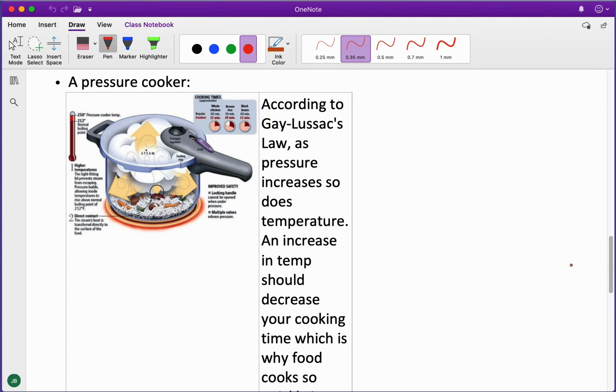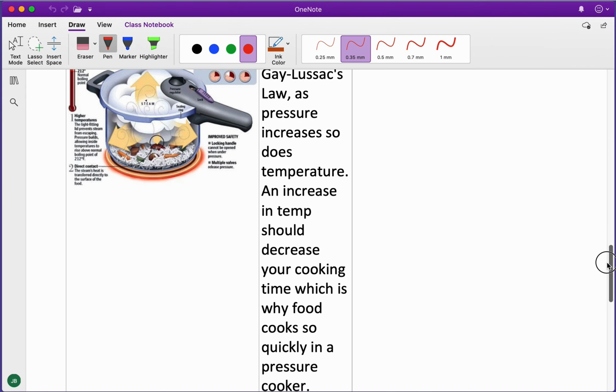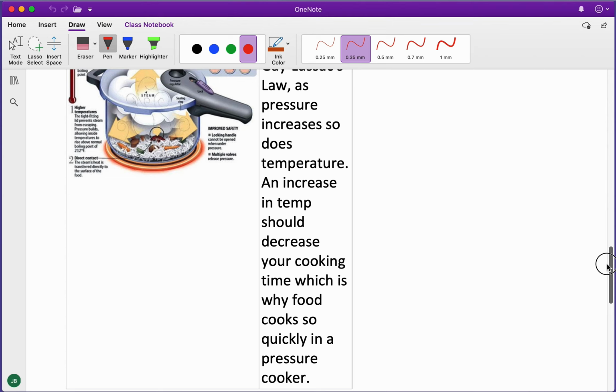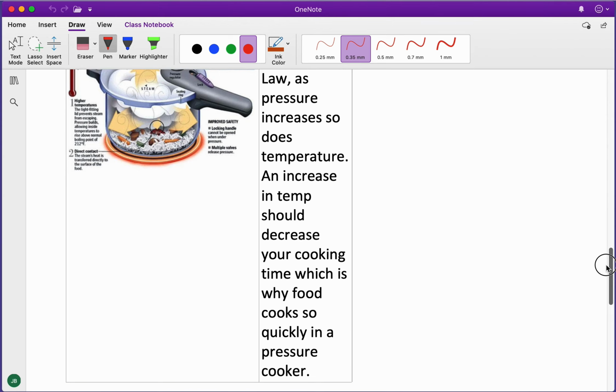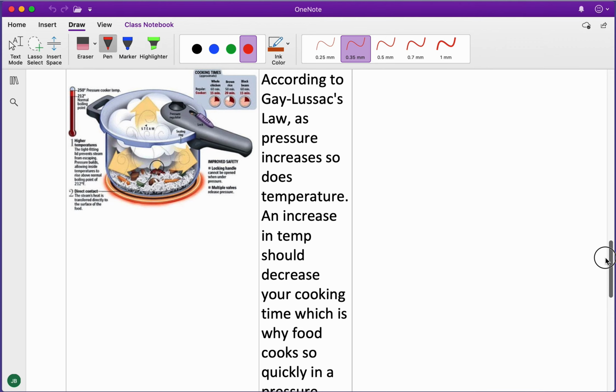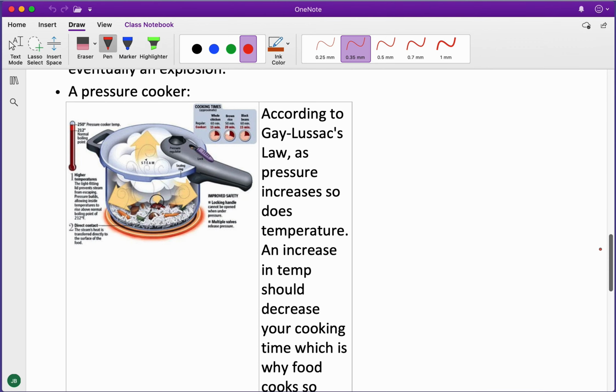According to Gay-Lussac's law, as the pressure increases, so does the temperature. An increase in temp should decrease your cooking time, which is why food cooks so quickly in a pressure cooker. So once again, as you increase that pressure inside of the pressure cooker, you are going to increase that temperature.